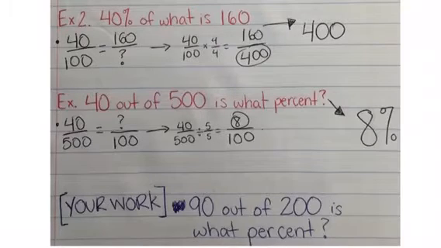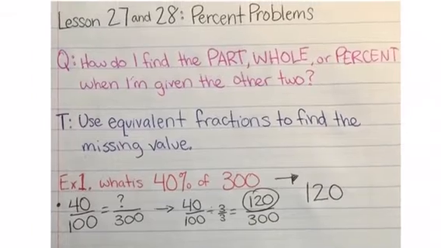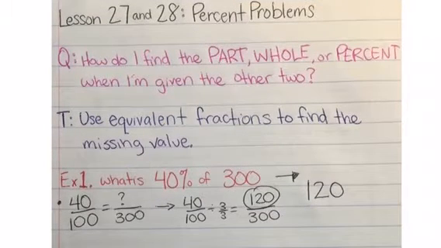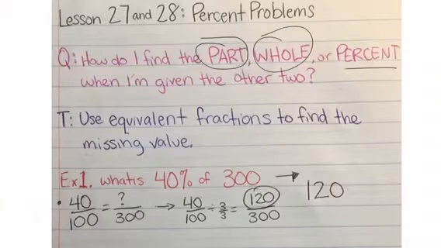All right, so let's jump right in. The question is, how do I find the part, whole, or percent when I'm given the other two? There are going to be times where we have a problem that gives us in the question the part and the whole, and we'll have to find the percent.